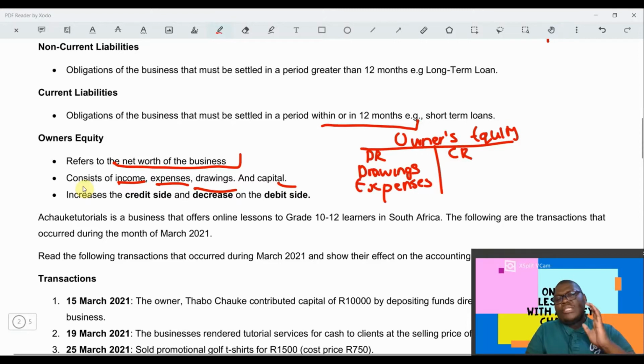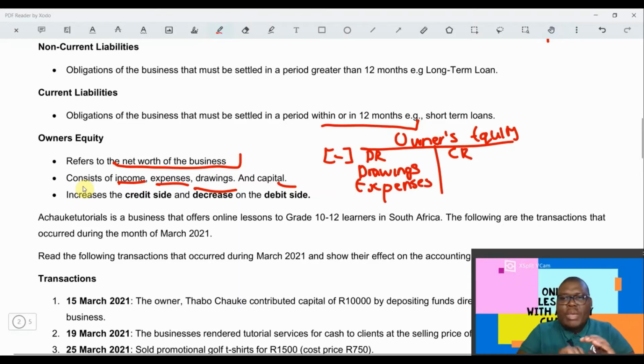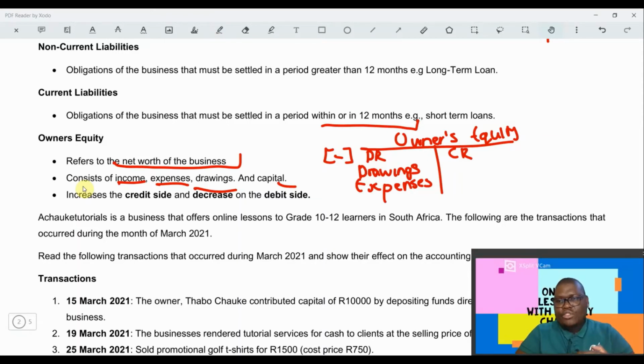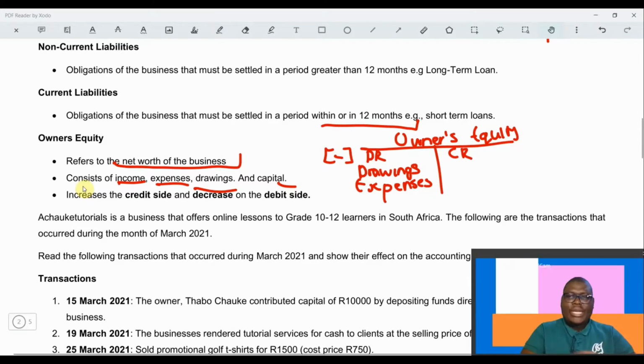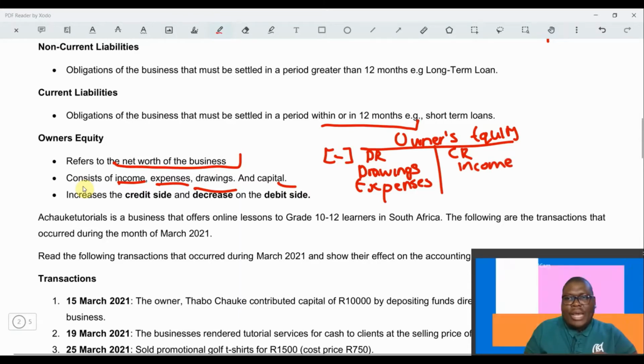So this means if they debit the owner's equity, they reduce it. Remember, the more you pay for expenses, the more money goes out of the business, the more your net worth is reduced. Okay. And then the owner's equity also gets increased on the credit side, and it can be increased by things like your income when you are selling, and also your capital contributions.